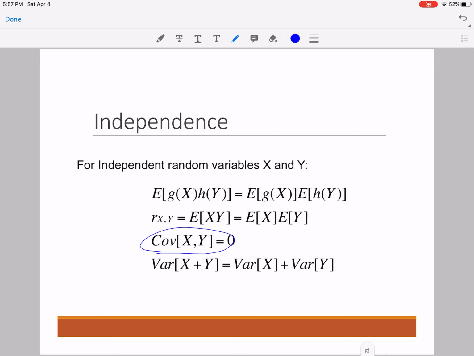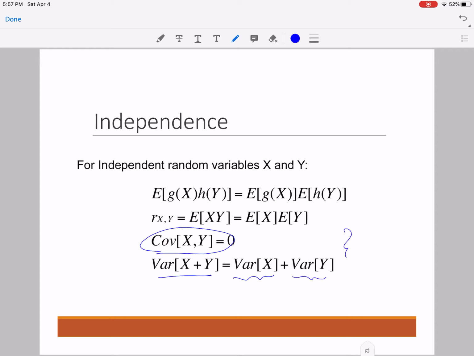They are uncorrelated. Now, because they are uncorrelated, they are also independent. And in such a case, when x and y are independent of each other, the variance of x plus y is equal to the variance of x plus the variance of y.